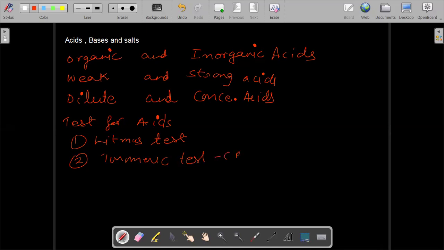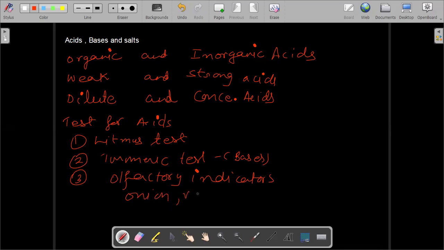We have olfactory indicators. In the olfactory indicators, we have seen onion as an olfactory indicator, and vanilla can also be used.